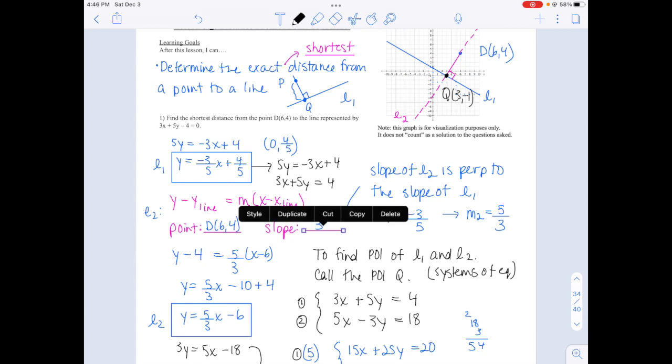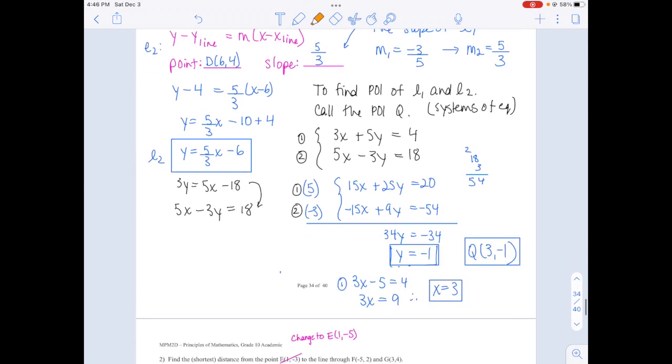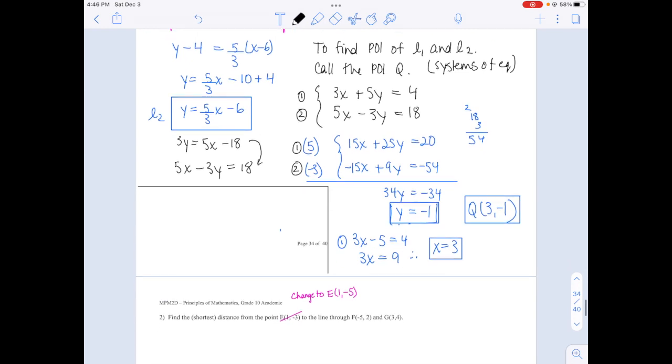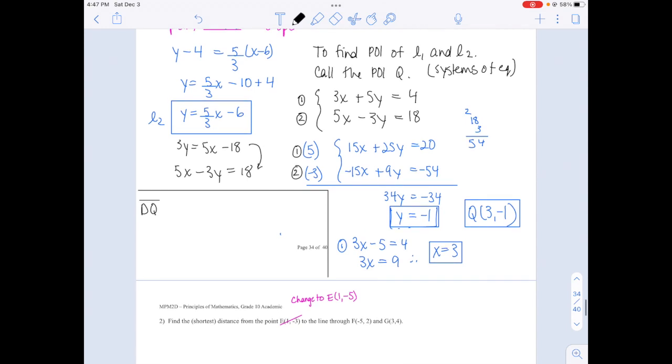Now remember, the question being asked here is what is the distance? So I actually need to figure out the distance from D to Q. So my very last step, which I'm going to do here in black, is to compute the distance DQ using length of a line segment.